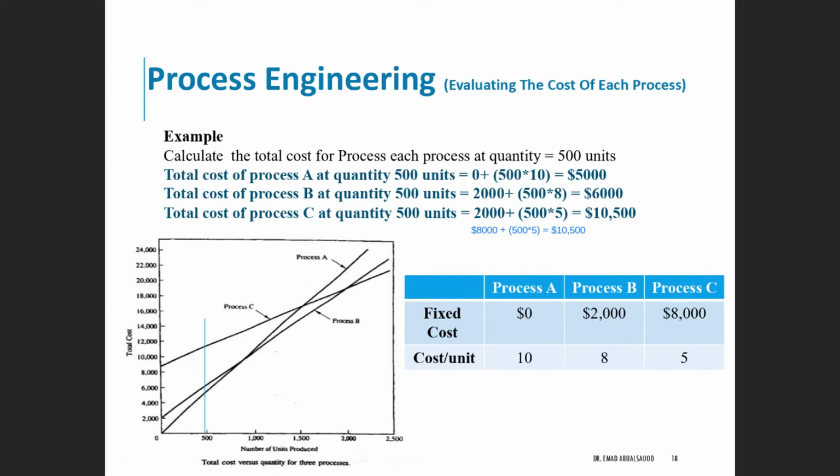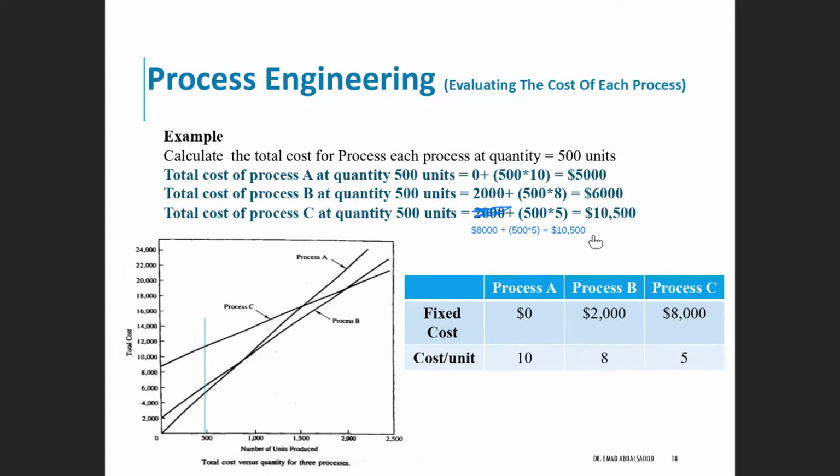So you can just ignore that 2,000. So it will be 8,000, the fixed cost, plus 500 times 5, which equals 10,500. That's the total cost for each process at 500 units.